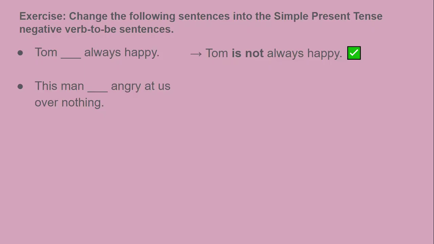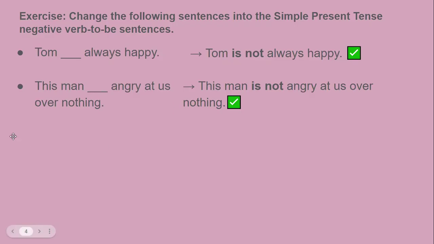But of course, like we said, here we are talking about negative verb to be sentences. So we need to make it negative. So it has to be a negative verb to be for the subject he, which is going to be is not. So the correct sentence is, this man is not angry at us over nothing. Okay, let's move right along.